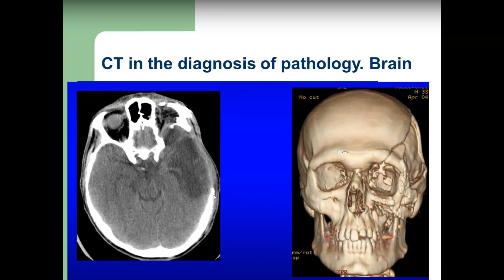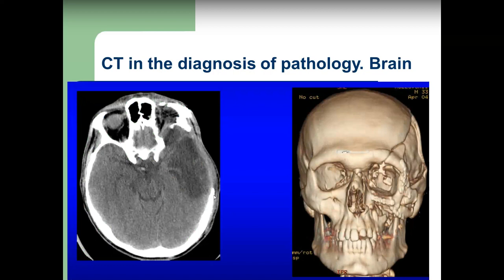I can show you some clinical examples of effectiveness of using CT. In this example, you can see brain CT, and there is a big hypodense zone in the left hemisphere, in the left temporal lobe.